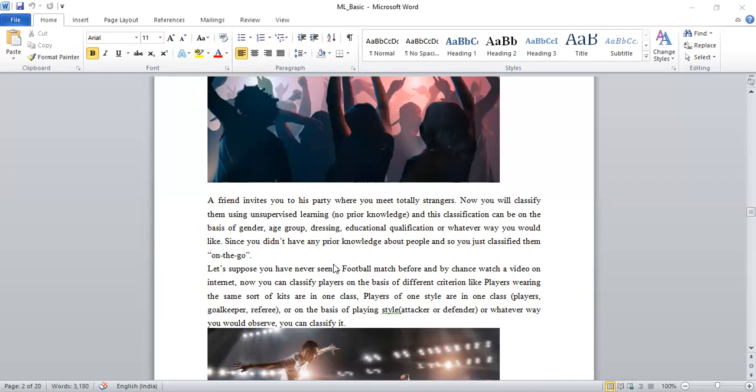Since you did not have any prior knowledge about the expected output or the characteristics, you just classified them on the go.